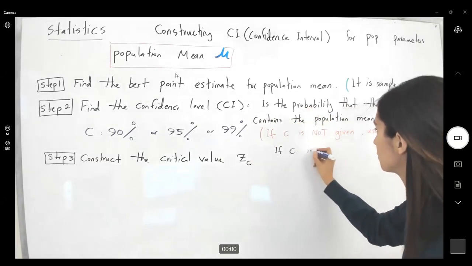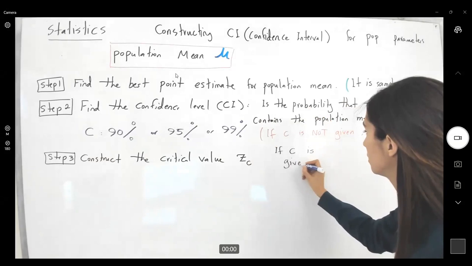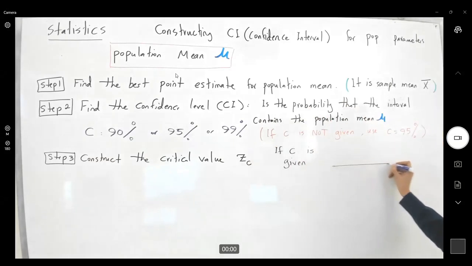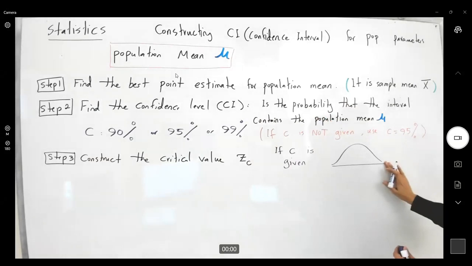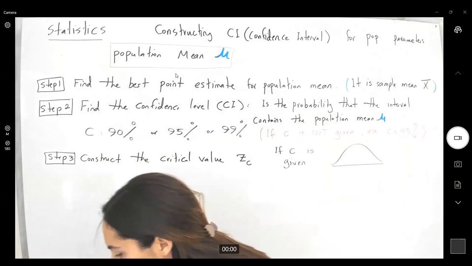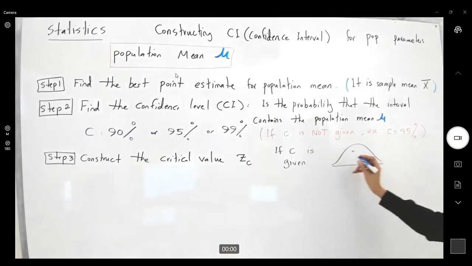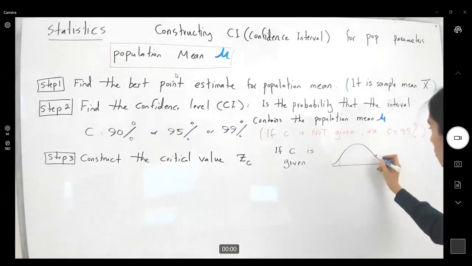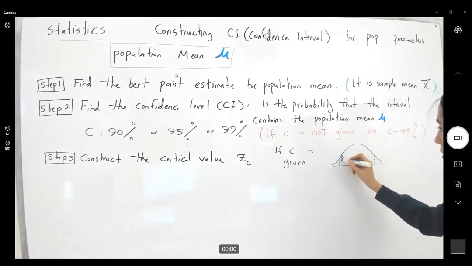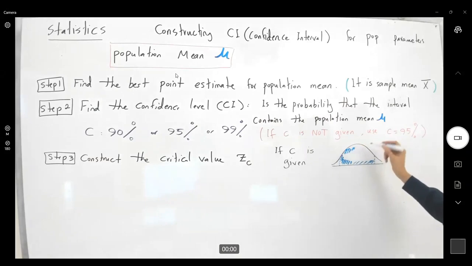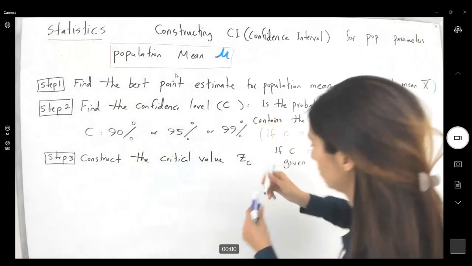If C is given, what's the meaning of that? It means that you have the area below your normal distribution graph. Okay, very good. So C, or the confidence level. This is C.